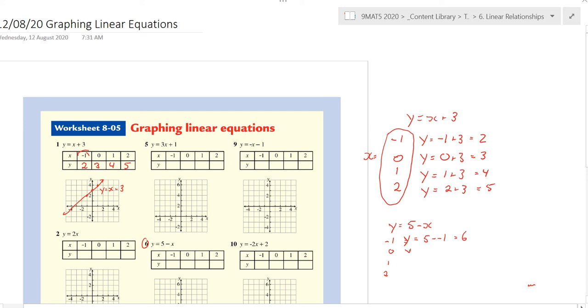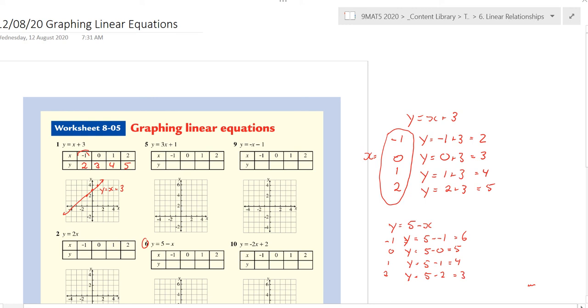My next one is y equals 5 minus 0 equals 5. Next I have y equals 5 minus 1 equals 4. Y equals 5 minus 2 equals 3.